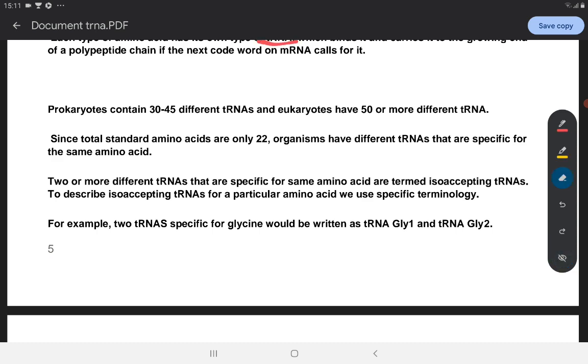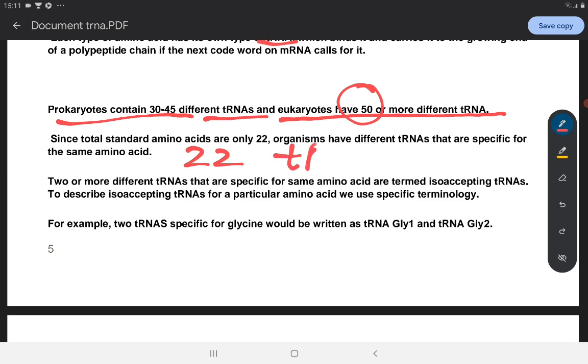Now, the prokaryotes contain around 30 to 45 different tRNAs, while eukaryotes have 50 or more different types of tRNA specific for different amino acids. Now, the standard amino acids in eukaryotes are only 22, but there are 50 different tRNAs, which means that certain tRNAs can bring the same amino acid, right?